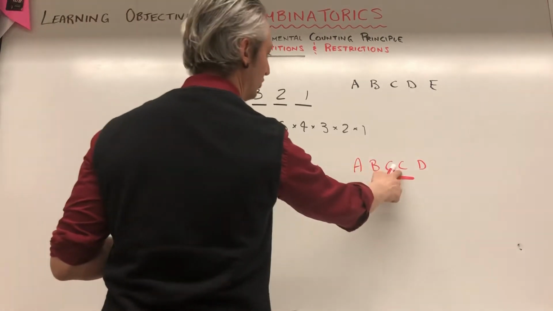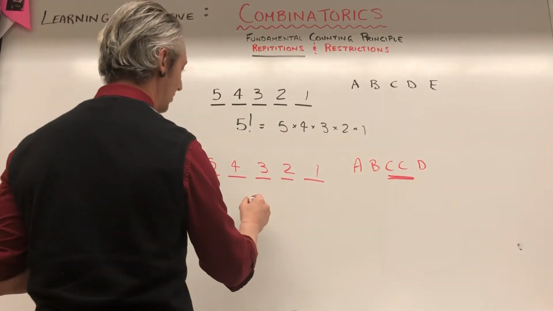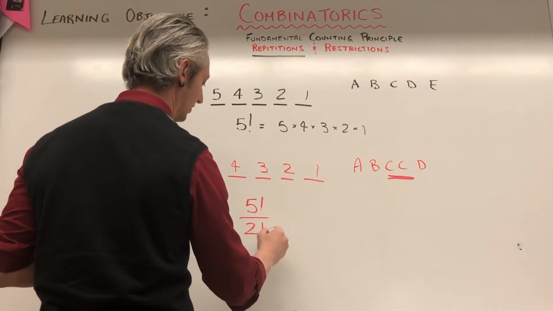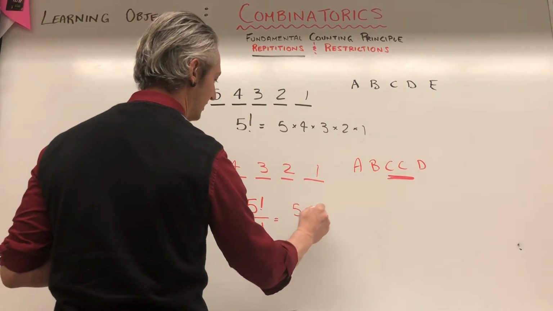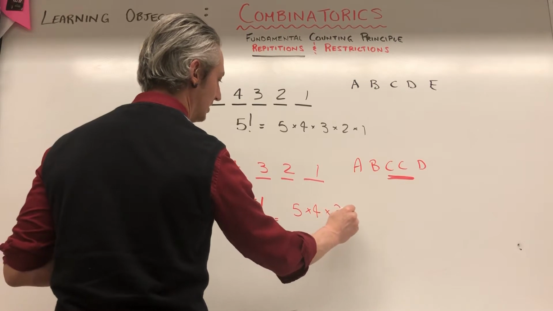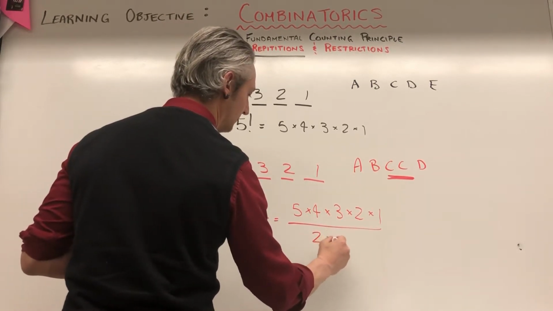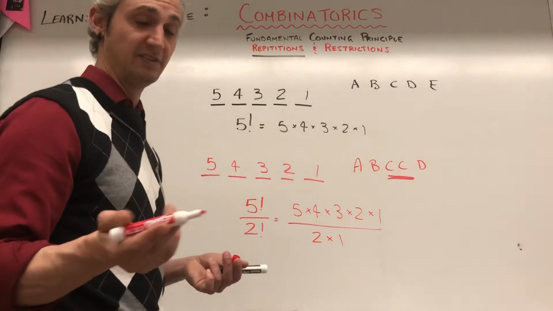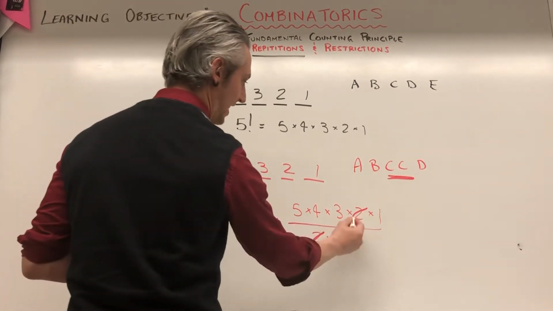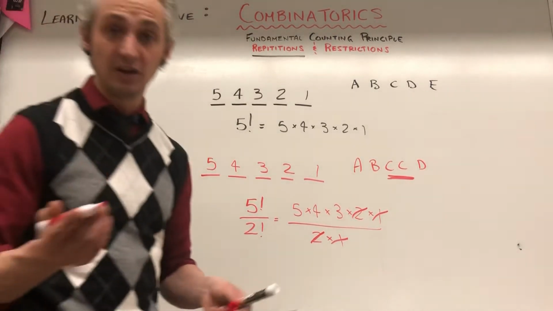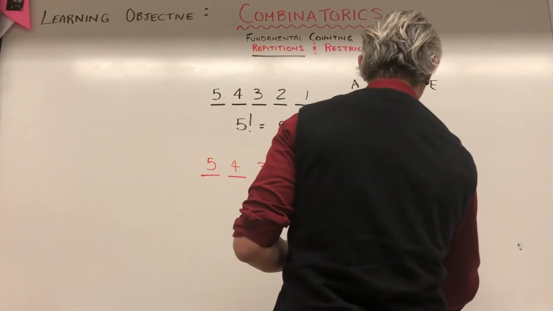So in this case, I have 2 repeated C's, so this becomes 5 factorial divided by 2 factorial. That works out to 5 times 4 times 3 times 2 times 1 divided by 2 times 1. If I'm smart, I realize this cancels with that, and my answer is really just 5 times 4 times 3, 60 ways.